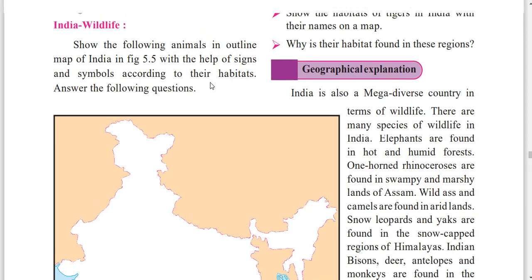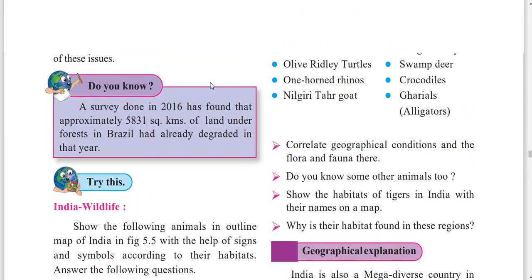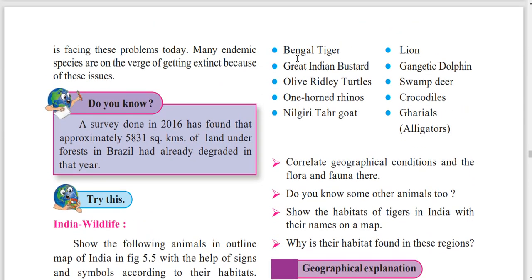Answer the following questions. Bengal tiger, Great Indian bustard, olive ridley turtles, one horned rhinos, Nilgiri tahr, lion, Gangetic dolphin, swamp deer, crocodiles, gharials, alligators.